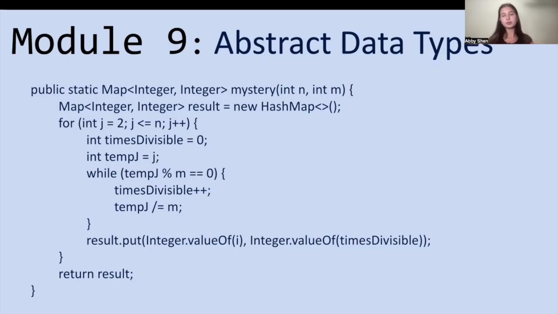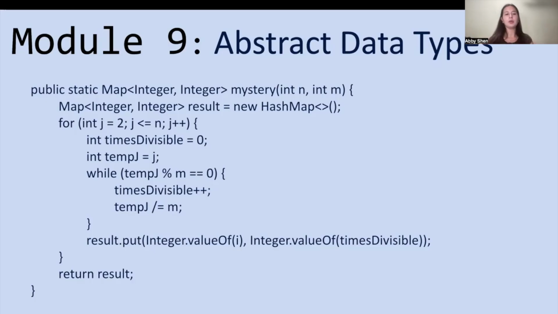While that is true, we add 1 to timesDivisible, and then we divide tempJ by m. So what this will do is just iterate until tempJ is no longer divisible by m, and we'll add on those values to get a number for how many times it is divisible by m.